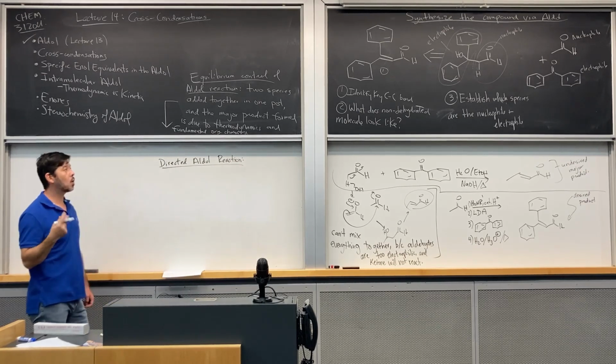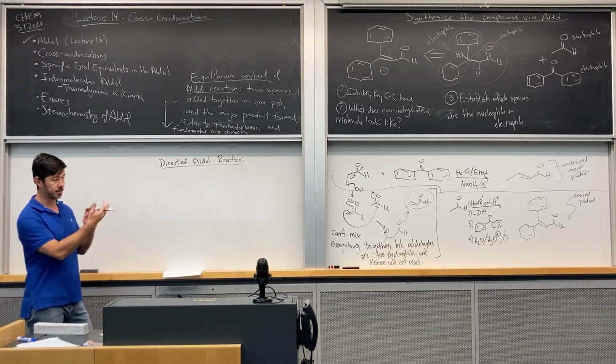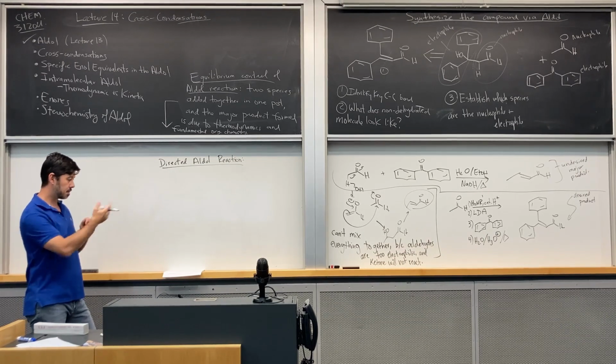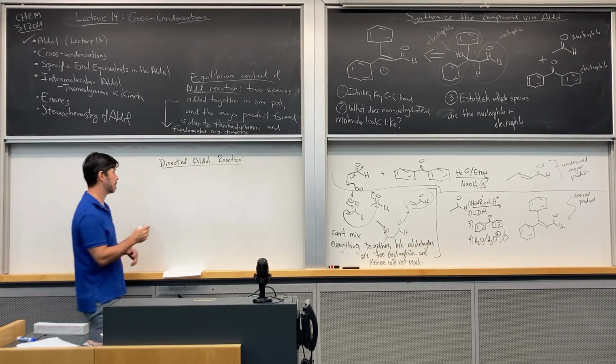So let's write this. One component is converted to a specific enol equivalent, like we've done there, through an aza-enolate, and only then is it combined with its electrophilic partner.